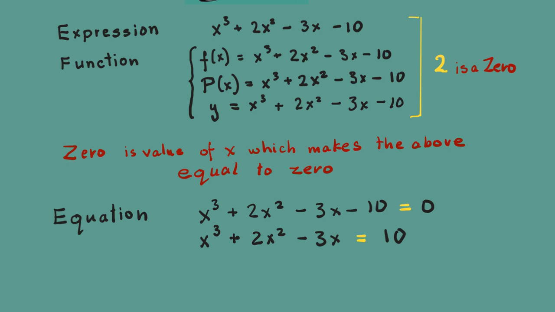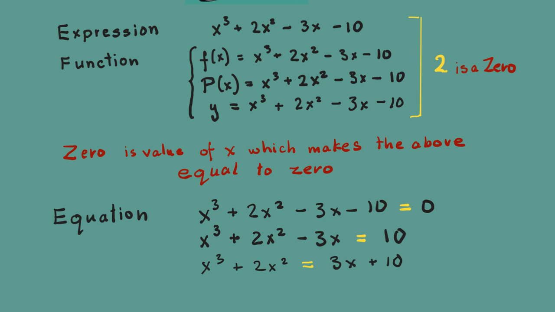But what's important with an equation is that it has an equal sign. I could go further and write x cubed plus 2x squared, but this time I will write it's equal to 3x plus 10. I'm just moving the equal sign around.